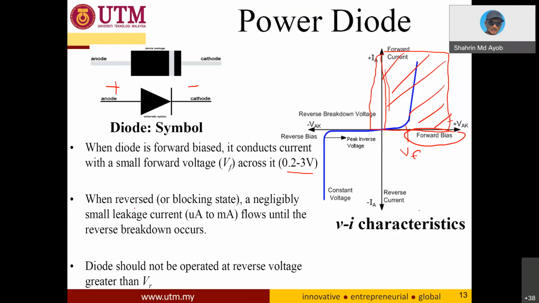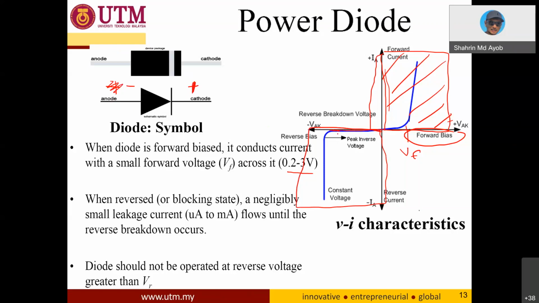And then when reverse, meaning that the cathode is positive and the anode is negative, the diode will turn off automatically, and it will have this characteristic, meaning that it does not allow the current to flow. As you can see, the current remains 0 here.